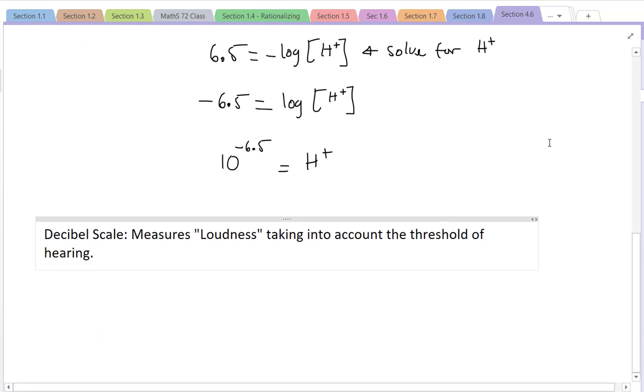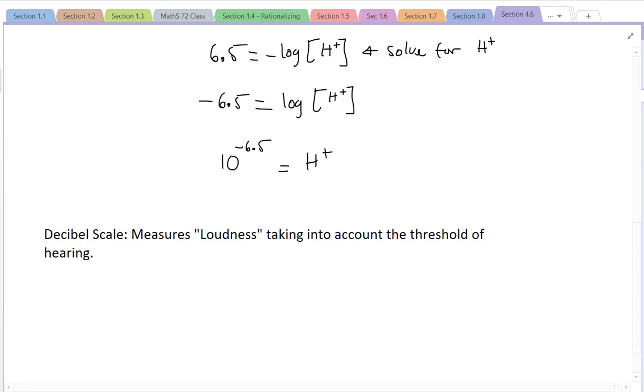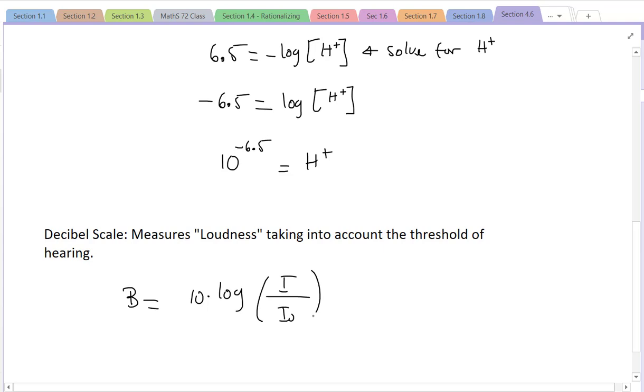The formula that is given in the book for this one is the decibel scale is B equals 10 times the log base 10 of I over I naught, where I is the intensity of the sound of an object, like the leaf blower, or those hand dryers that they put in public bathrooms.